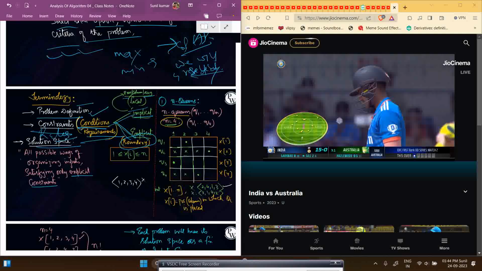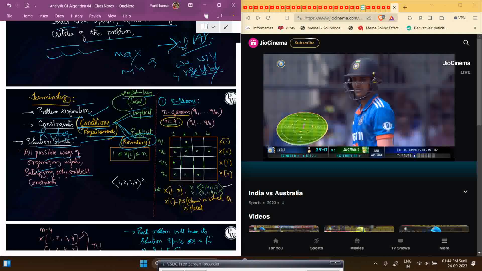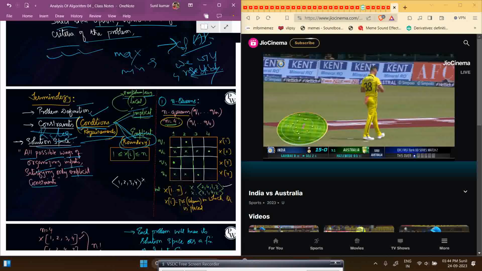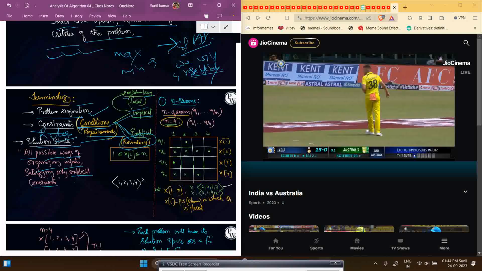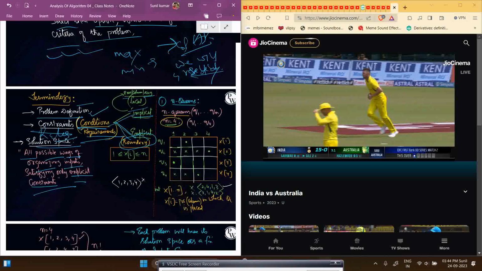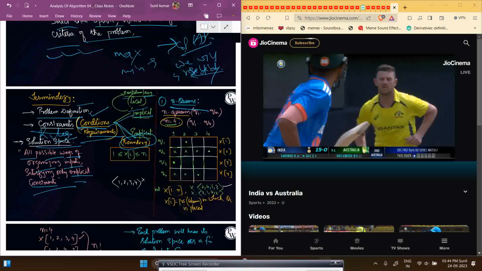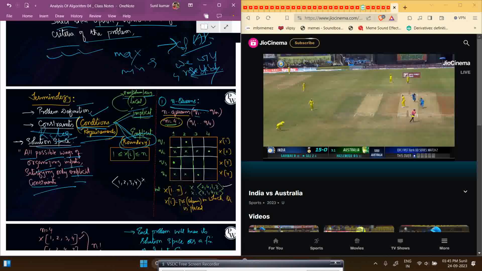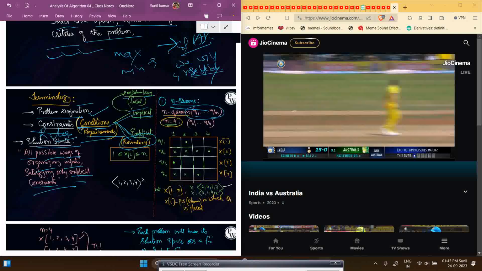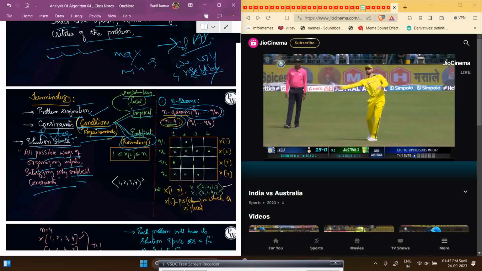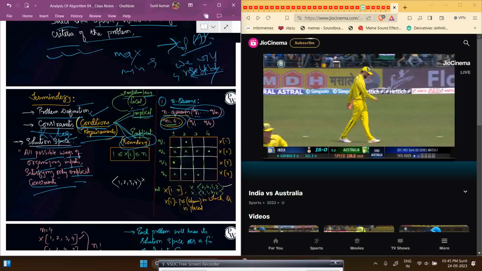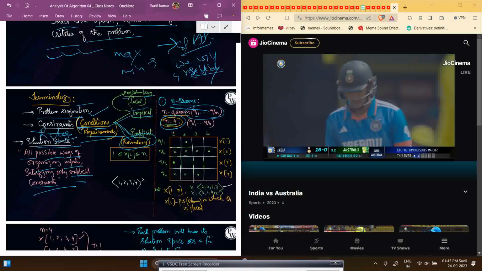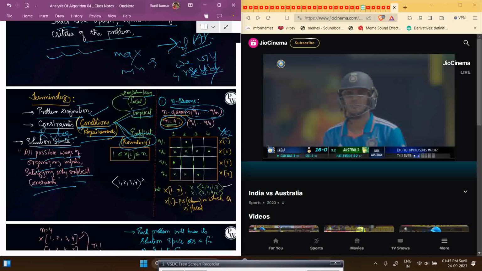For example, take the N-Queens problem, where n is equal to 4, so Q1 to Q4 are 4 queens and there is a 4 by 4 matrix.